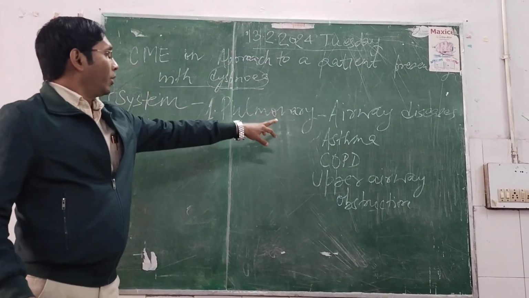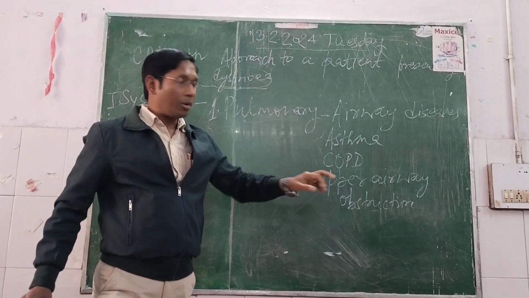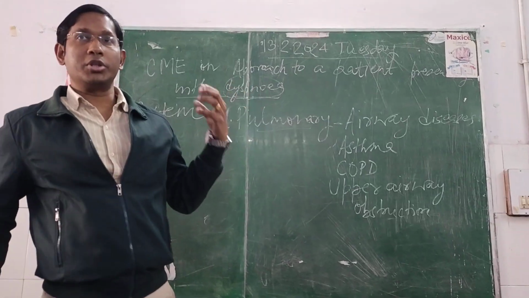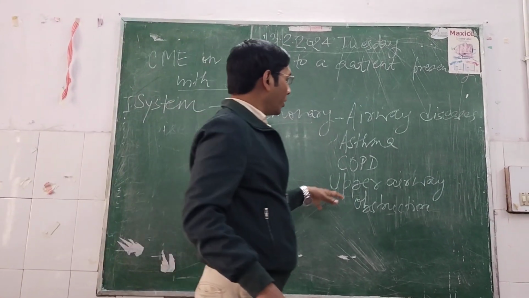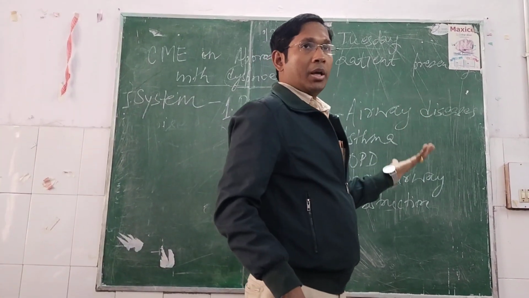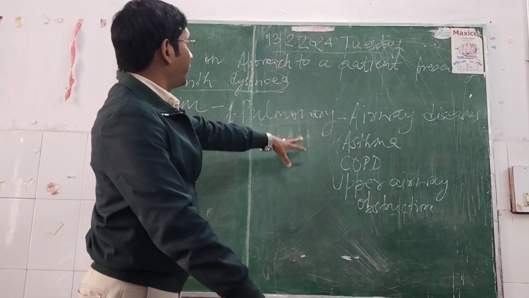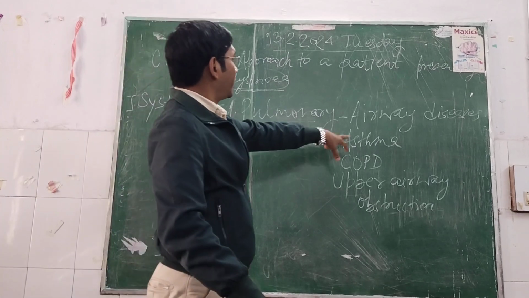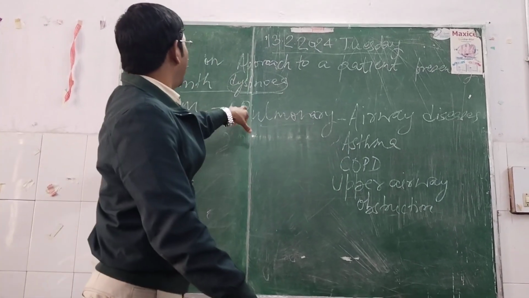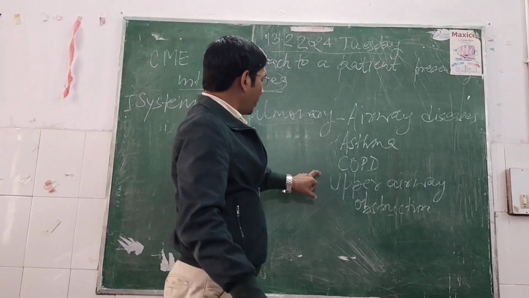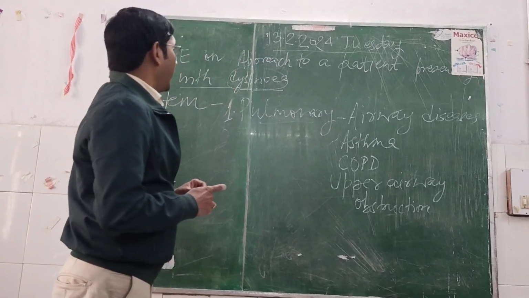Upper airway obstruction usually happens in children, like foreign body impaction, and rarely laryngeal malignancy in the elderly. So these are the examples of diseases which can cause dyspnea: asthma, COPD, upper airway obstruction.